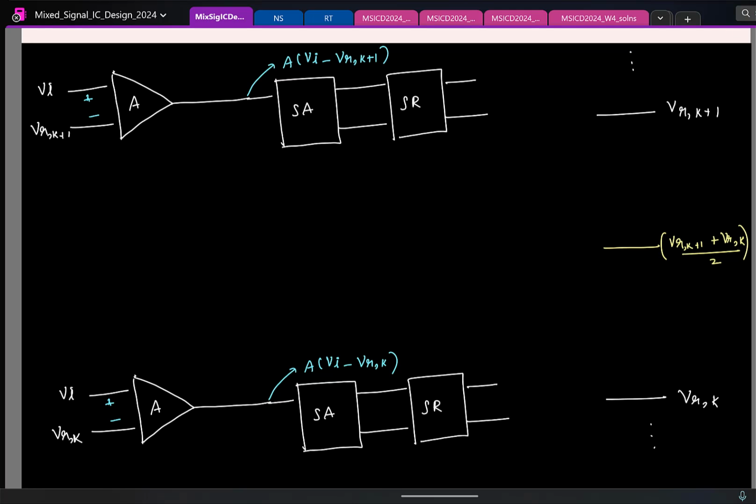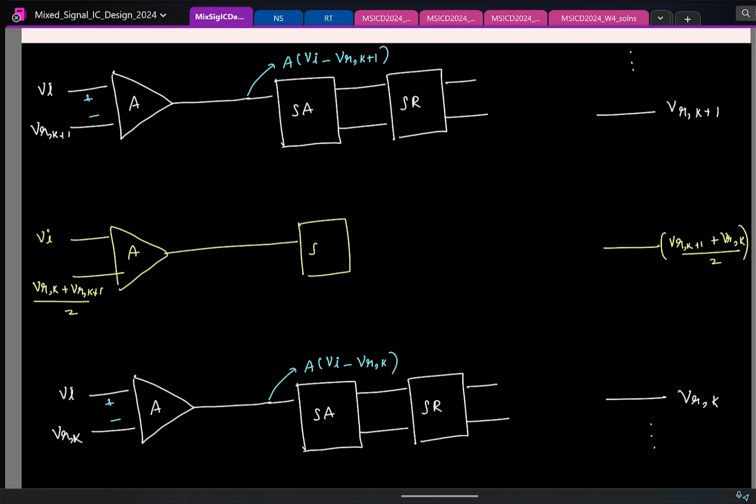So if I were to increase the resolution by 1 bit, I also need to compare my input with this reference voltage. In principle, if I am not smart, I'll just put one preamplifier with Vi and this new reference voltage, the average of the two. Give this to a strong arm latch, and then the output is given to the SR latch and you are set.